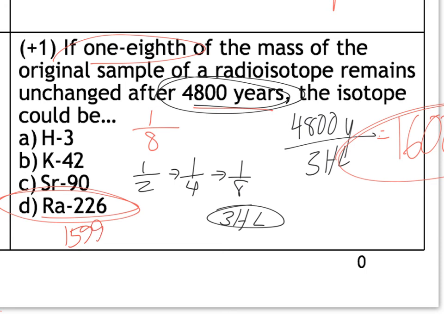But the reference table that you're using is from 2011, and this question could very well have been written before 2011. So if you ever see a slight misalignment between an answer that you got and what the reference table said, like 1,600 versus 1,599, I would say chalk it up to a difference between the year the question was written and the year the reference table was written.